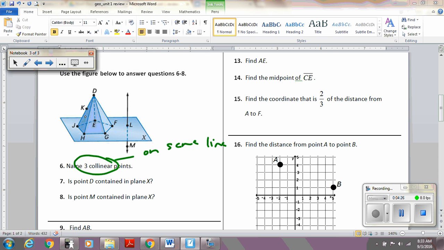So 3 collinear points would happen to be J, K, and D because they're all on that line right there. I don't really see any other line that has 3 points together on this picture.